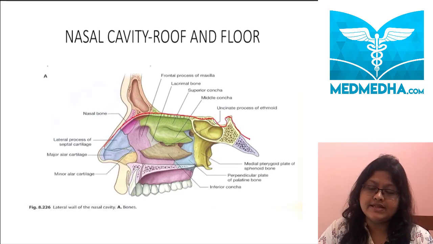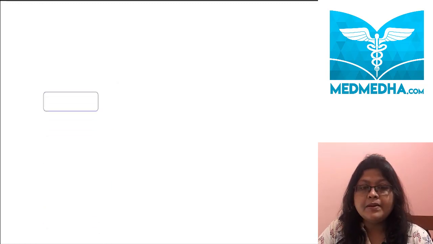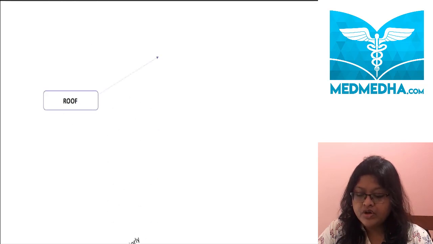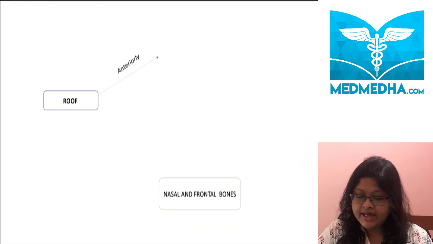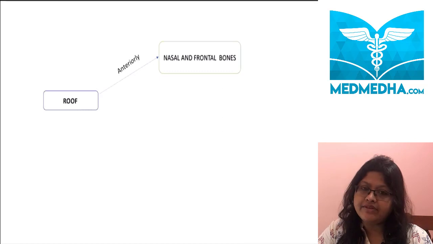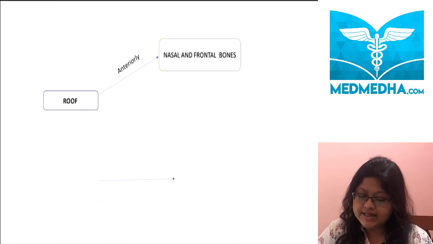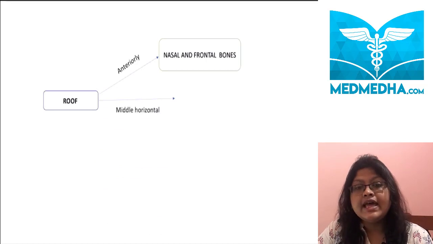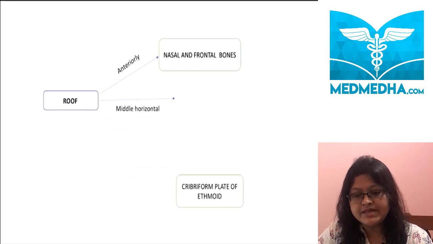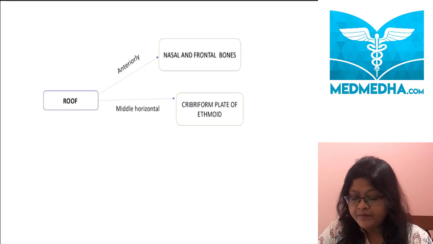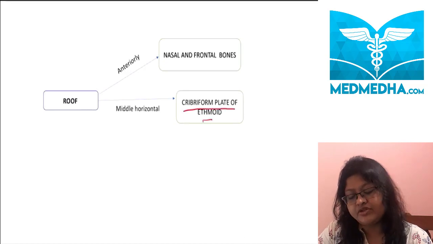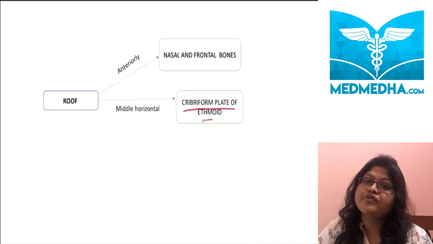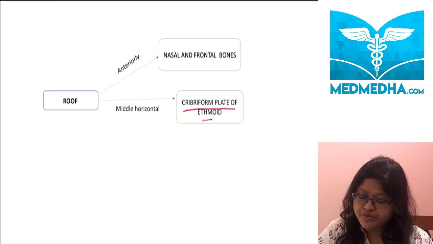Now, the roof of the nasal cavity is made up of, anteriorly, the nasal and the frontal bones. The horizontal or intermediate area is made up of the cribriform plate of ethmoid bone.